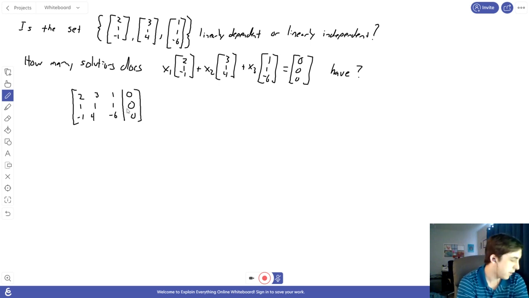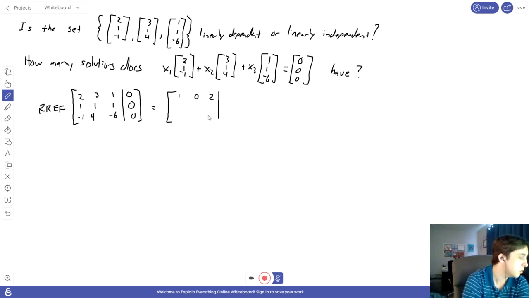All right, and to figure out how many solutions we have, we'll compute the reduced row echelon form of this matrix. So I have gone ahead and typed this into Wolfram Alpha ahead of time. So 1, 0, 2, 0, 0, 1, negative 1, 0, and that last row is 0, 0, 0, 0.